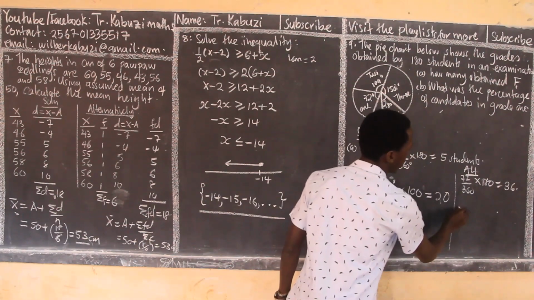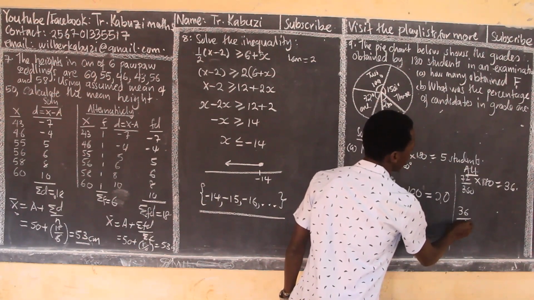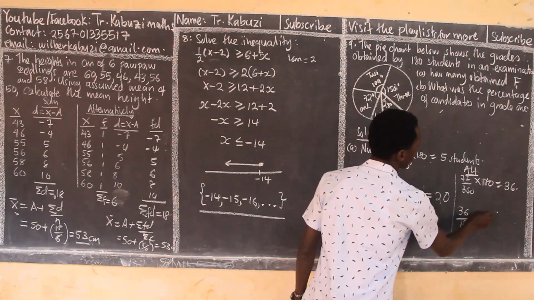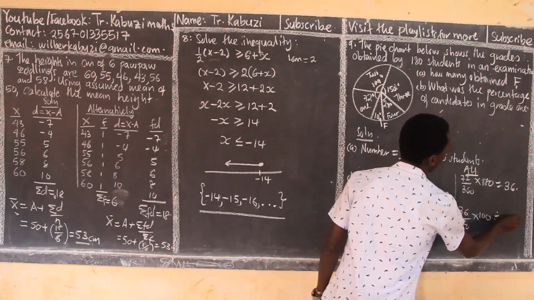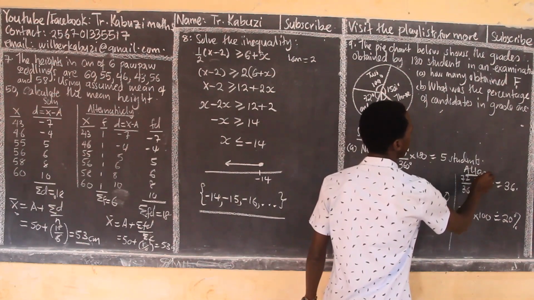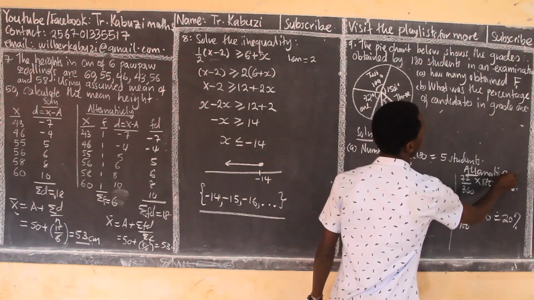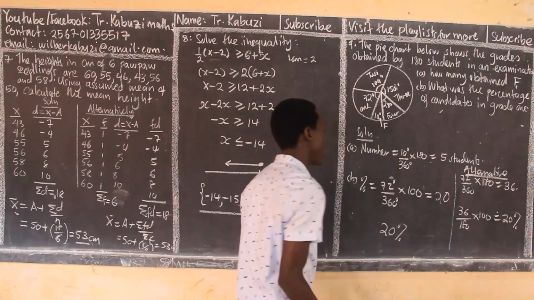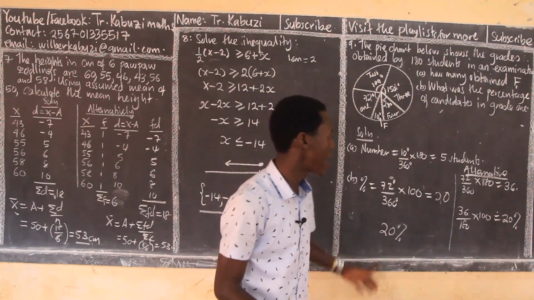Now from here you say 36 over the total number of students, then times 100, to give you the 20%. So that's the alternative. This one is longer, but the first one is always shorter. That's it.